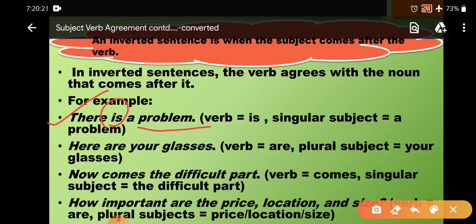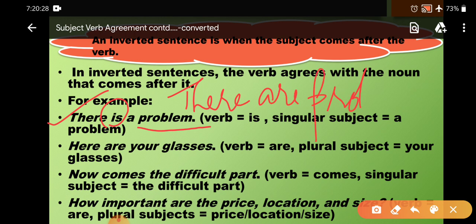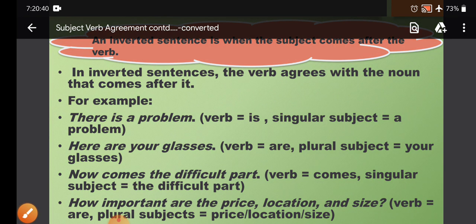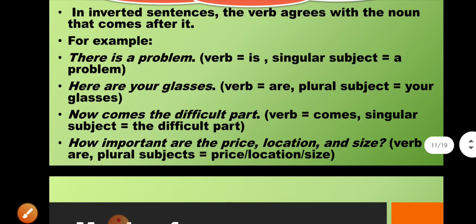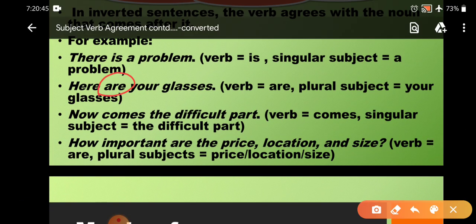There is a problem, or else we say there are problems, right? So it gets inverted. It's looking behind. There are problems. There is a problem. Similarly, here are what? Glasses. So we are looking at this as plural. We say here are your glasses.